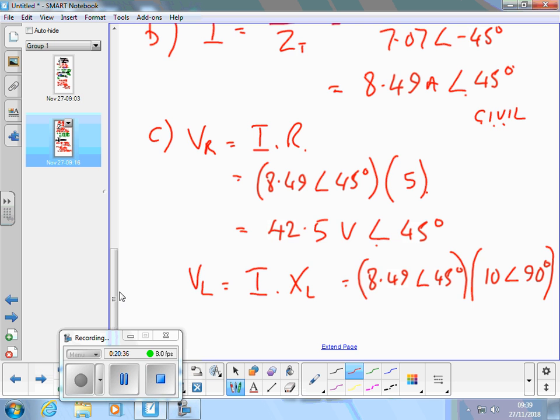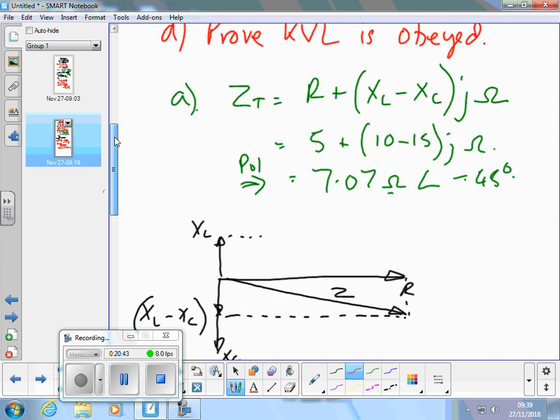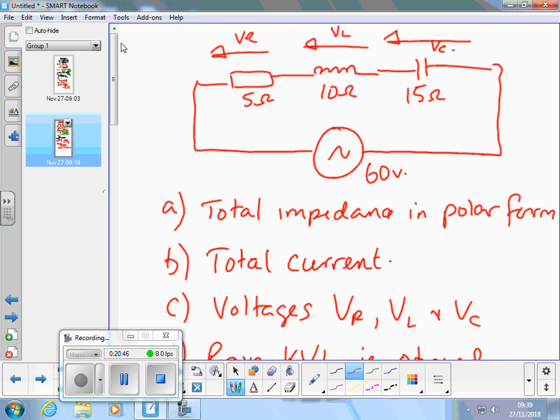Again, you're expected to remember that. Basic principles: series circuit, one current goes through all of them. Same current for all of them. Voltage drop, yes. Remember, series circuit, current same, voltage is different. Parallel circuit, voltage is same, current's different.